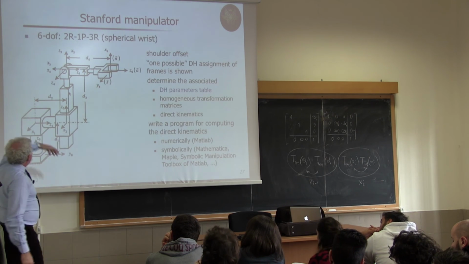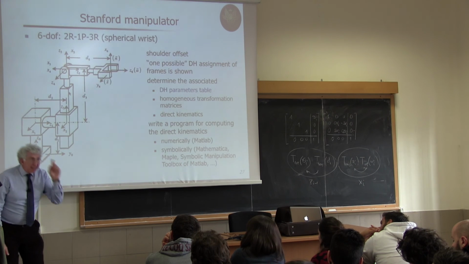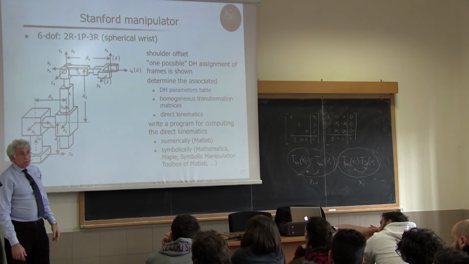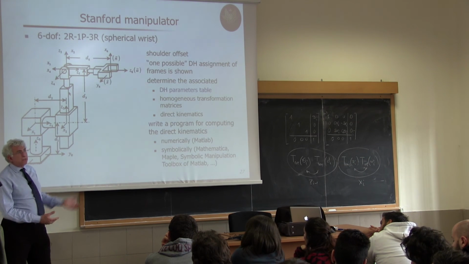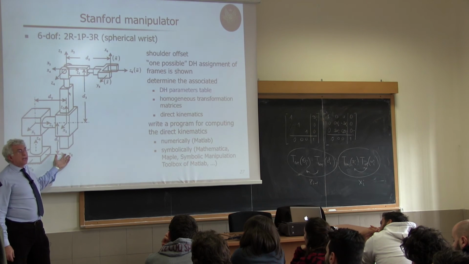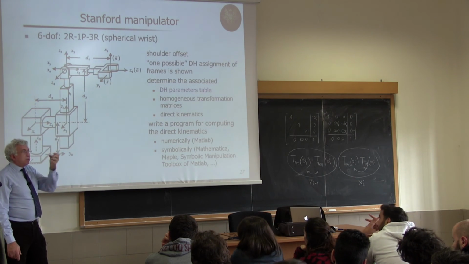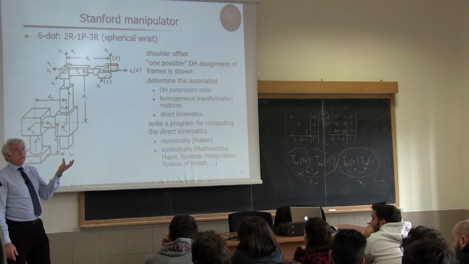So if I give you this picture where the frames are already assigned, you see that all the frames are there. So what you can do is not to assign the frames according to Denavit-Hartenberg, but just check that this assignment is correct, because you may have assigned frames which cannot be covered by the notation of Denavit-Hartenberg.